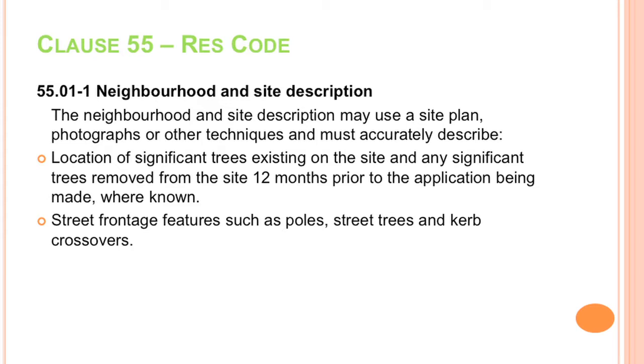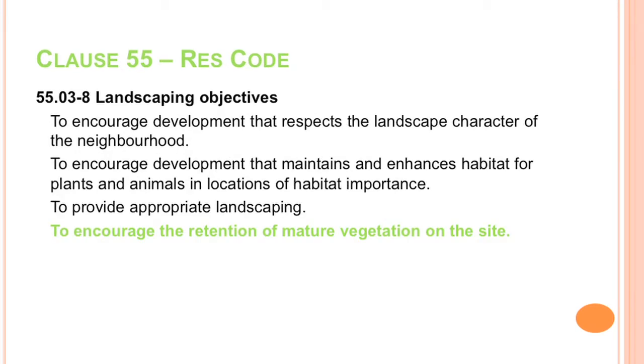Hugh mentioned clause 55. We'll just quickly whip through these. It talks about encouraging the retention of mature vegetation on site, and it's important when we do our reports that we're specific. We'll do our visual tree assessment, and we might comment on different trees, but I think it's important that we give each tree a retention value.